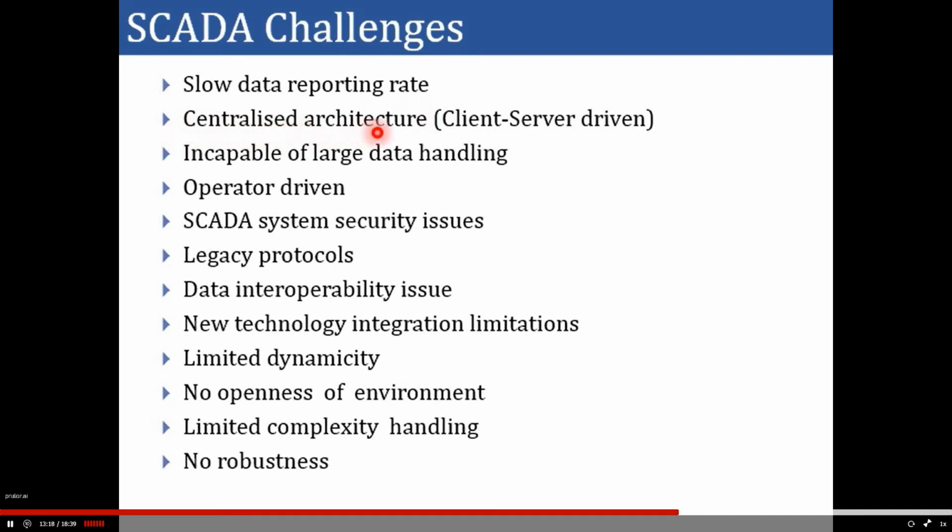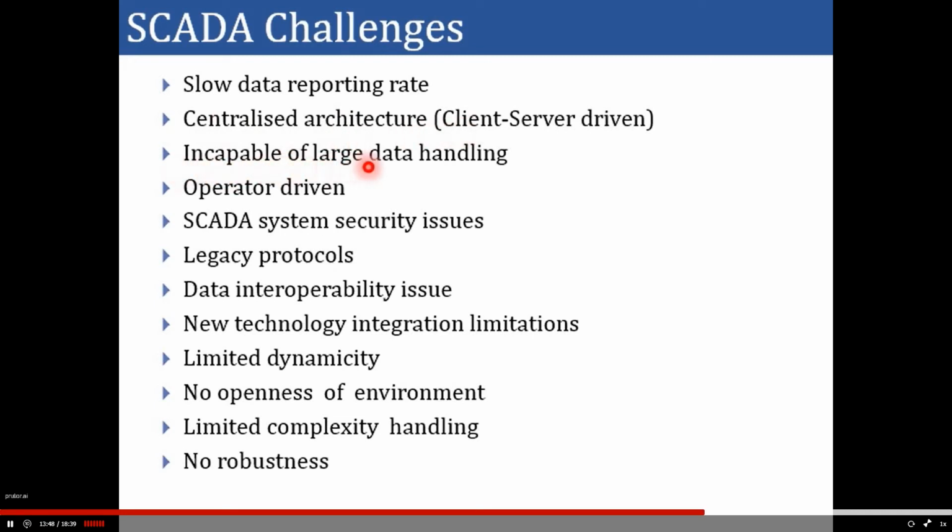Mostly the SCADA system is centralized. It works mainly on client server architecture, which is basically the old IT architecture, and data is aggregated at the server level and information is processed at the centralized location. This itself will create a lot of delays in the data reporting because of following the hierarchical data reporting structure.